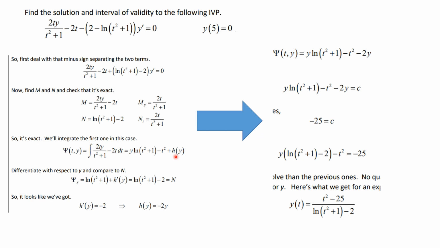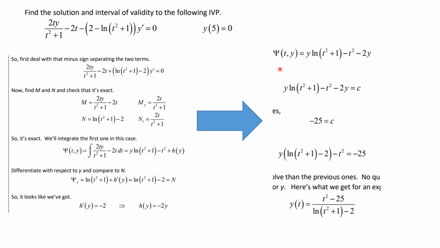So if I differentiate both sides with respect to y, I'm going to get h prime of y, and this expression, and I'm going to set that equal to n, which is this expression, so the logarithms cancel out. I know that h prime of y is minus 2, h of y is minus y when I integrate that.